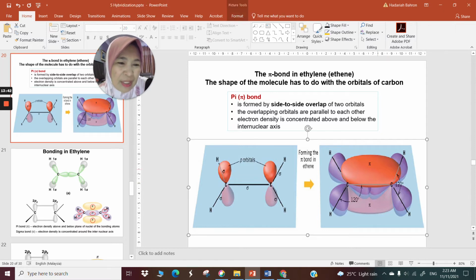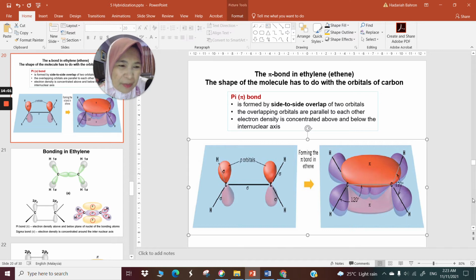So you have a sigma bond and a pi bond, so you have a double bond. That is why you get ethene or ethylene. And this is the drawing of the electron distribution around an ethene molecule.